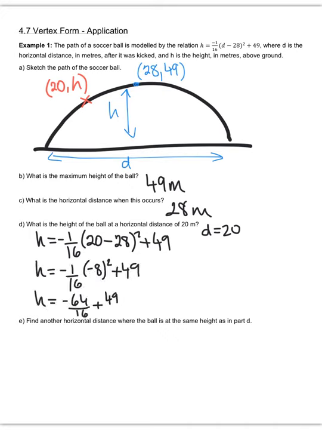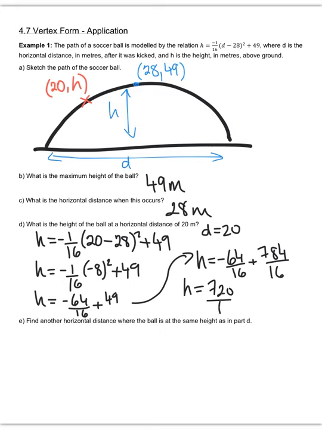So let's go ahead and do that. Okay, so here, don't get freaked out. I just found a common denominator, and I get h is equal to 720 over 16, which comes out to 45. So this point right here is going to be (20, 45).